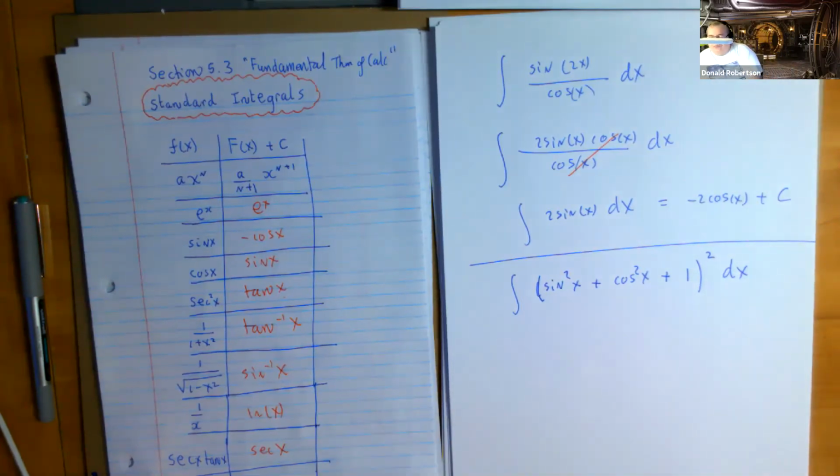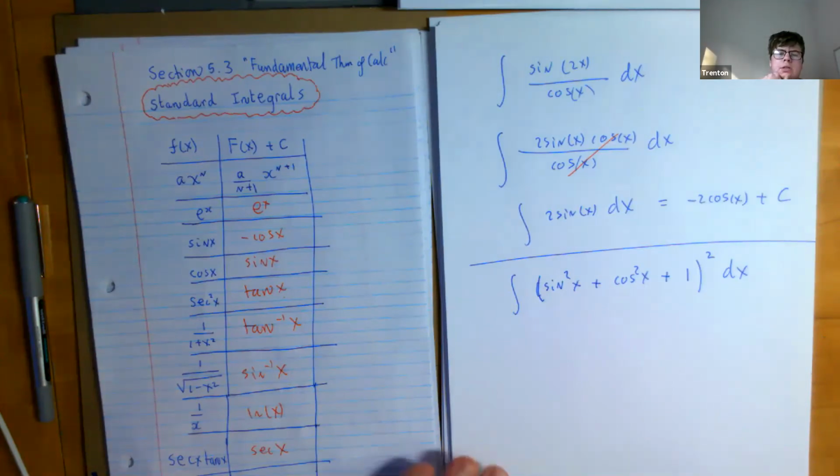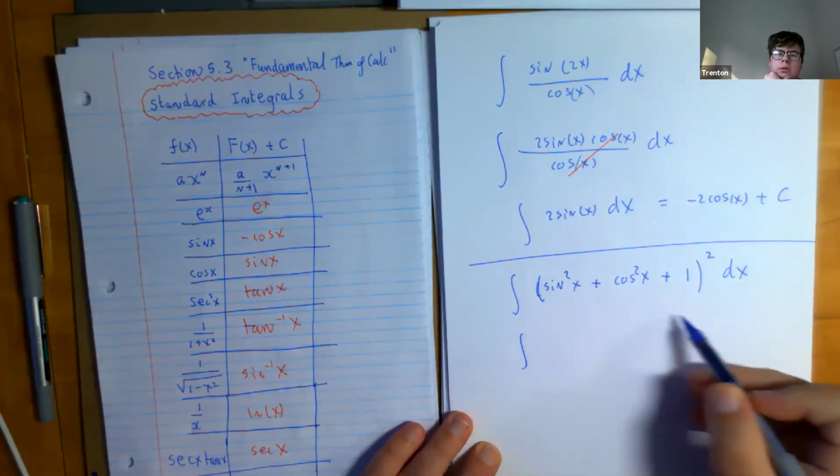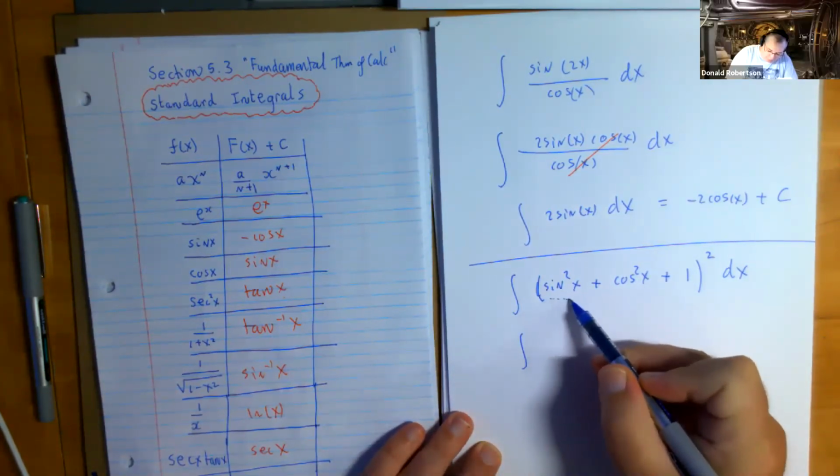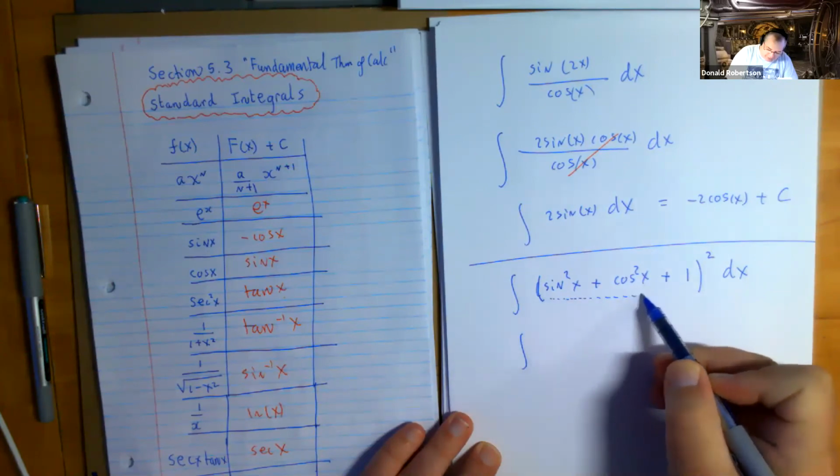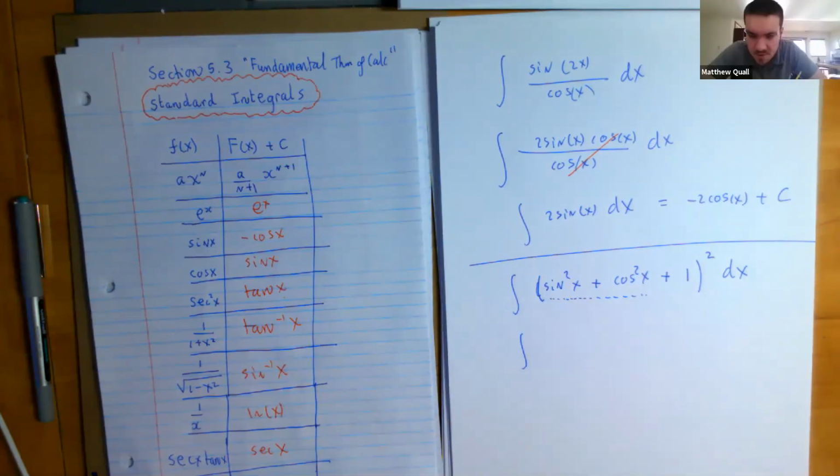There's a trick question for you. I'm trying to catch you here. You can split sine squared into 1 minus cosine squared and then cancel out the cosines. Or you could do something even quicker. Those sine squared x, cosine squared x become 1.